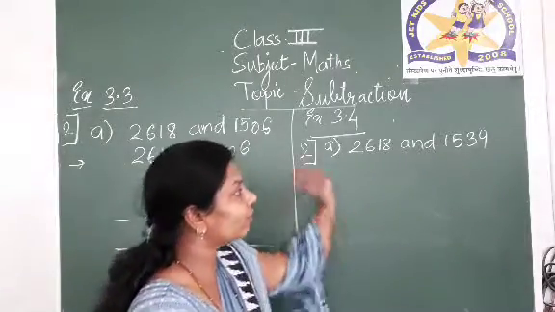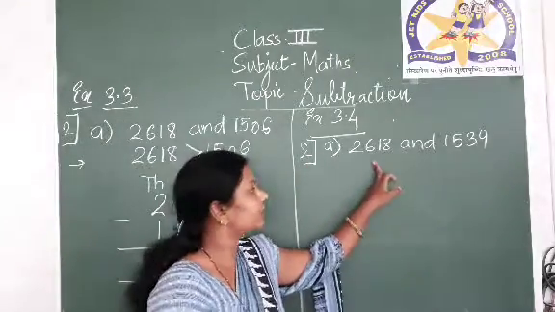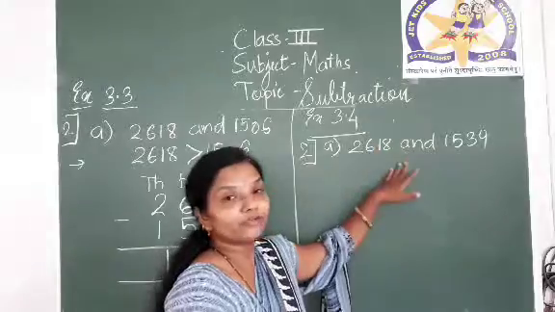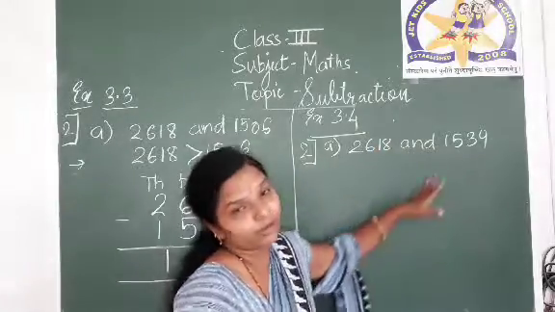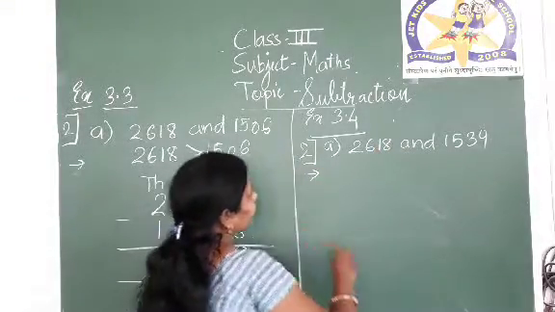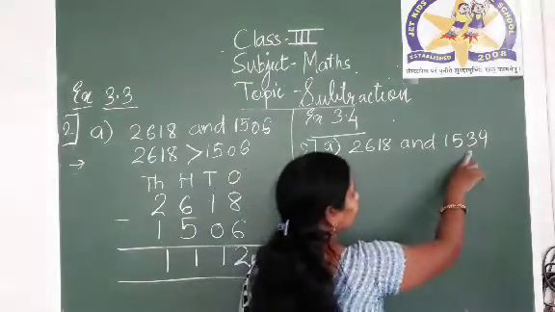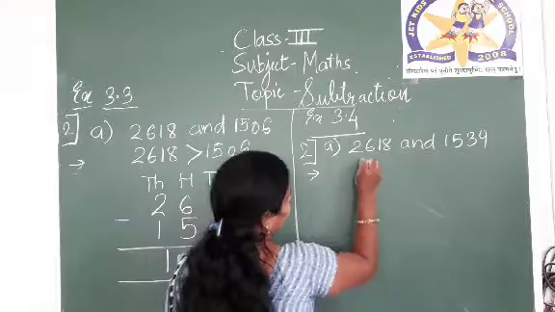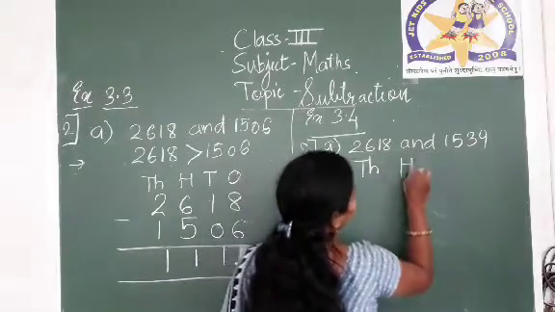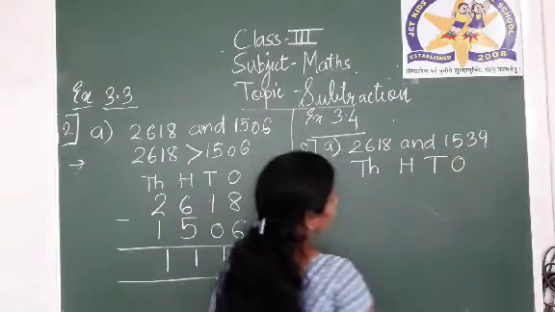Now here we are going to subtract these two numbers, or find the difference between them. So what will be the first step? Again we know that 2680 is greater than 1539.